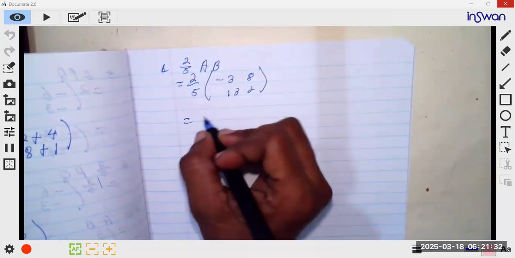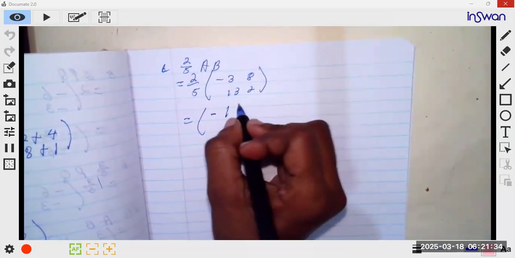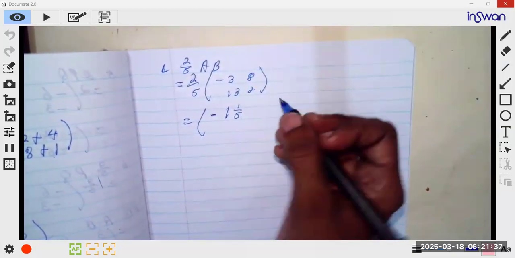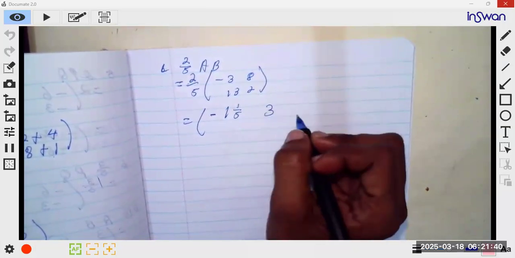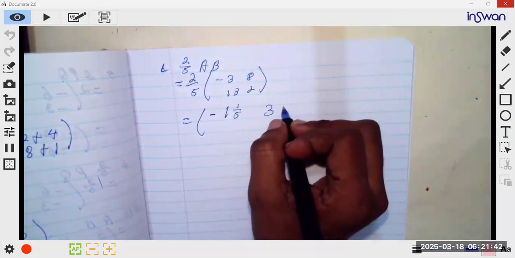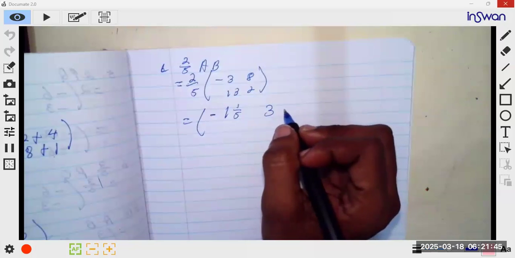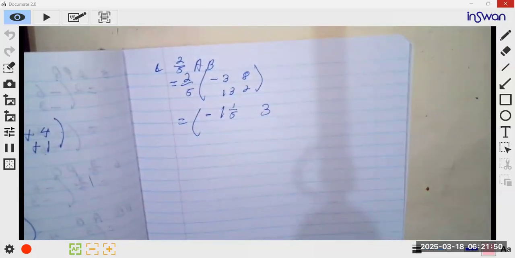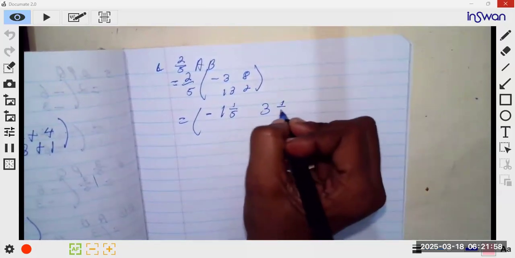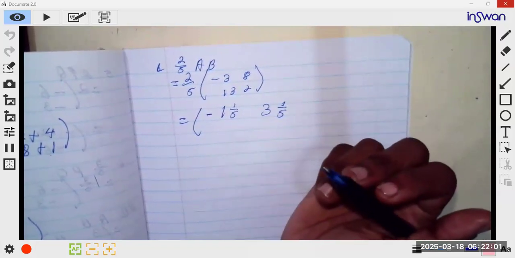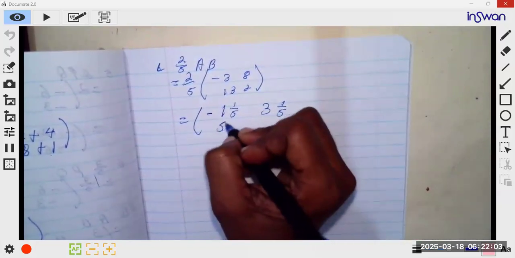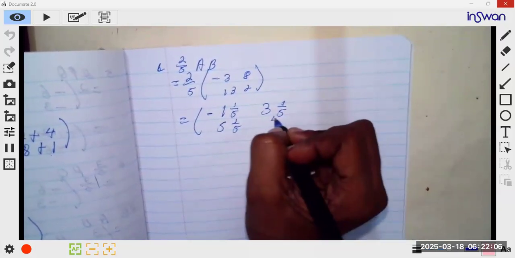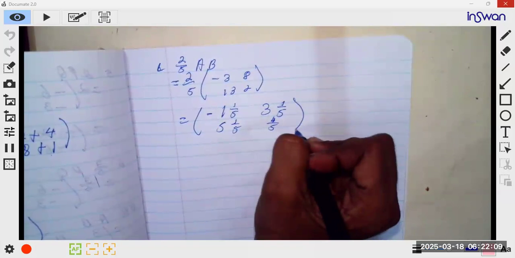So 2/5 of minus 3 will be minus 1 and 1/5. 2/5 of 8 will be 16 over 5, so that'll be 3 and 1/5. 2/5 of 13 is 26 over 5, so that'll be 5 and 1/5. And lastly, 4/5. And that's the answer.